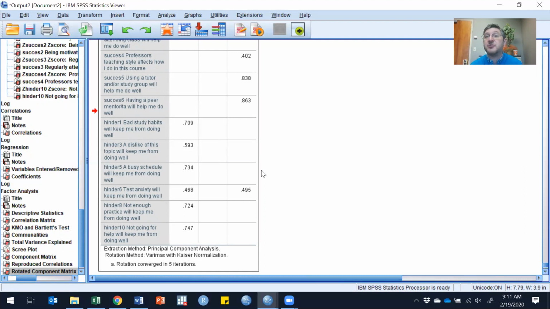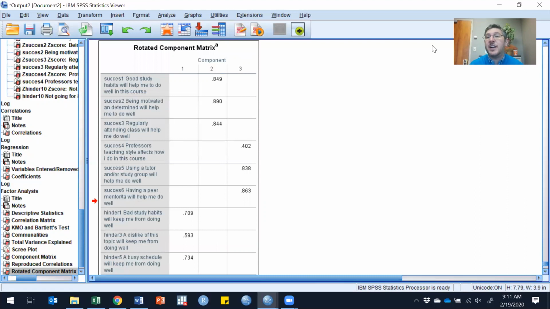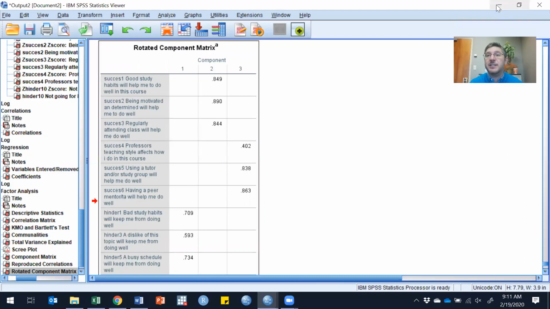If the solution changes drastically, then it's saying something else is going on. But if our solution remains pretty stable, then we've probably achieved a satisfactory solution for our factor analysis, and we can proceed with naming our 3 components here.